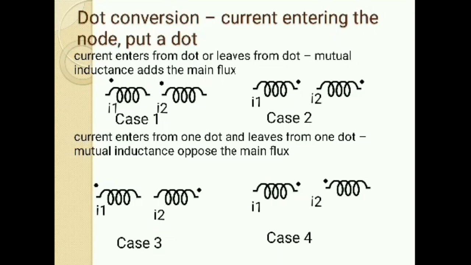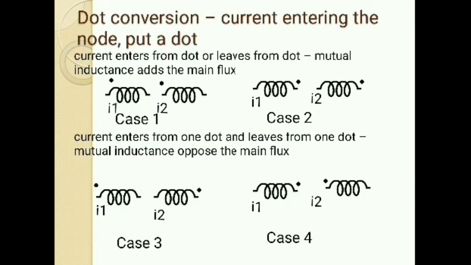And we get the voltage equations for these two cases: VL1 equal to L1 into di1 by dt minus M into di2 by dt. Why do we put a minus here? Because the mutual induced EMF opposes the self-induced EMF. And also VL2 equal to L2 into di2 by dt minus M into di1 by dt. Okay. So keep it in mind.